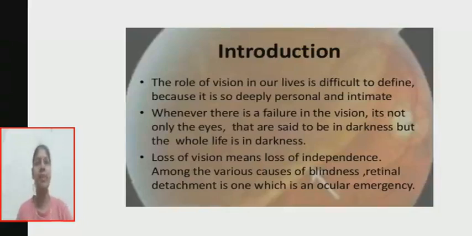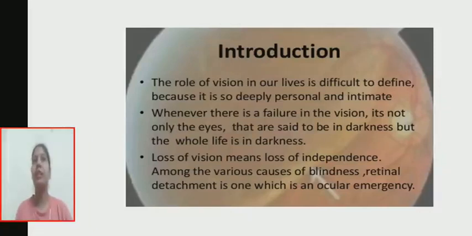Introduction of retinal detachment. The role of vision in our life is difficult to define because it is so deeply personal and intimate.